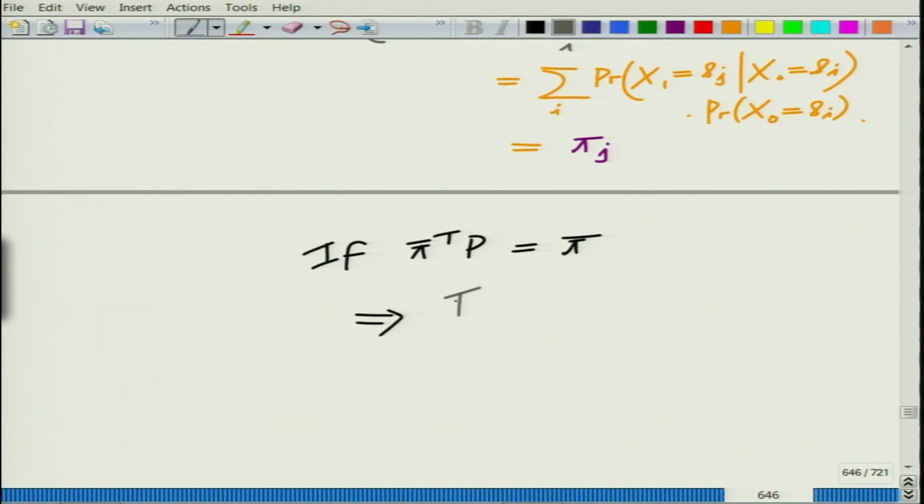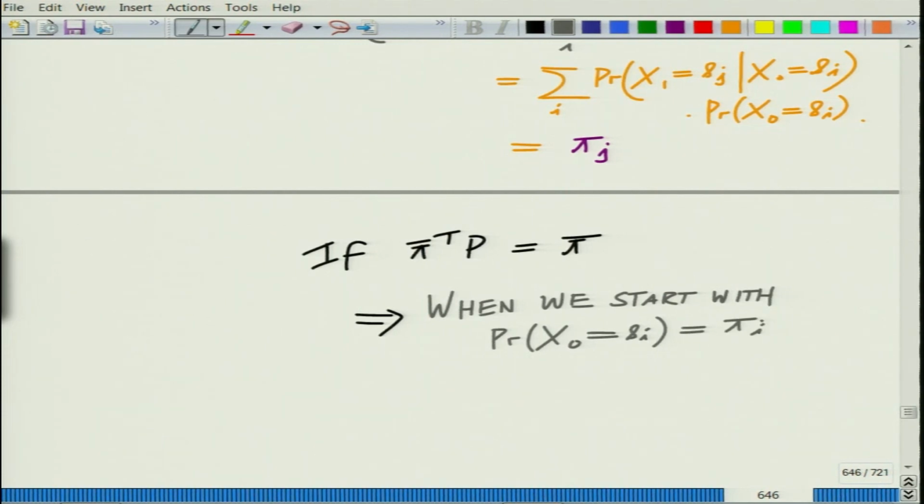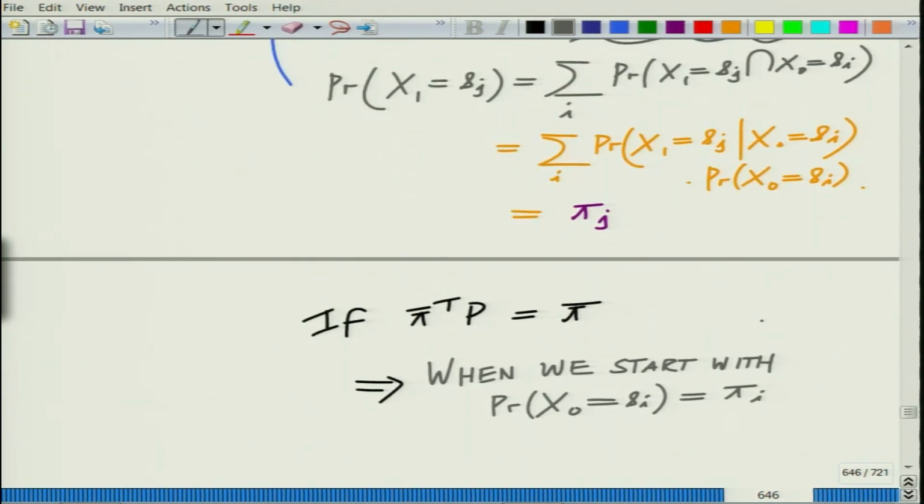if we start with probability x0 equal to si equal to pi i, we will end up with probability x1 equal to sj equal to pi j.